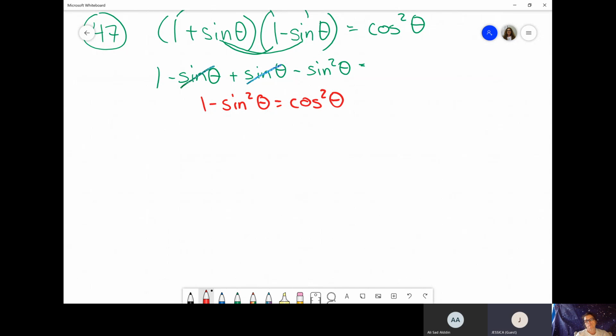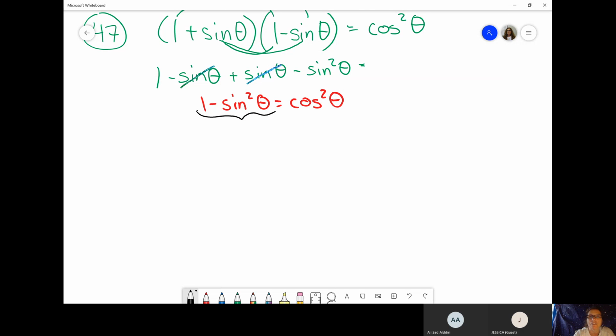Now, that's it, no? Well, no, you actually have to go one step further, or at least you have to describe or identify how this is equal to cosine squared. Where's this coming from?